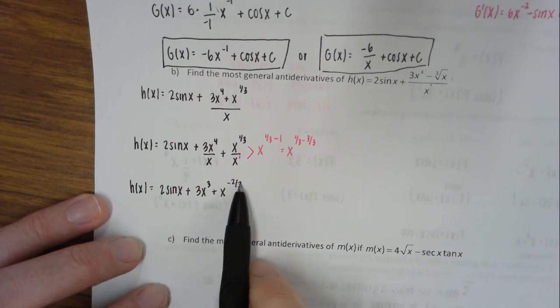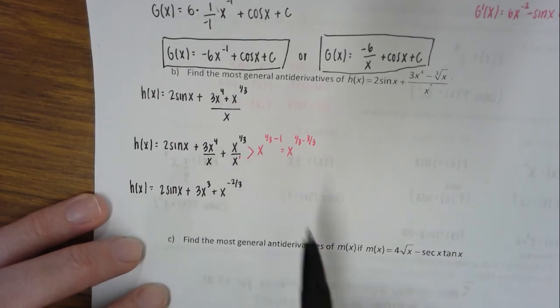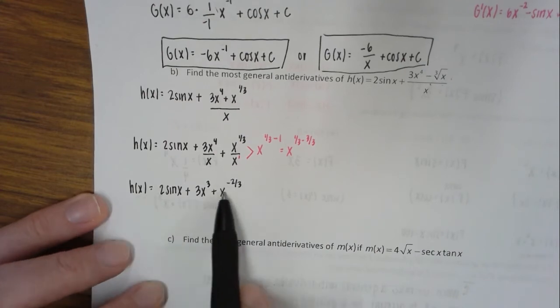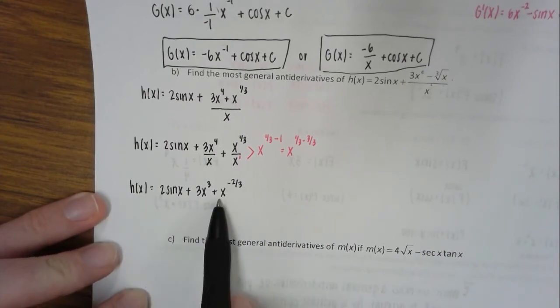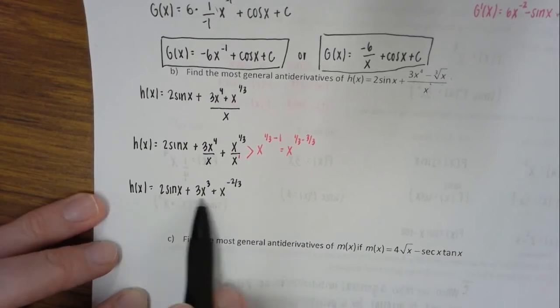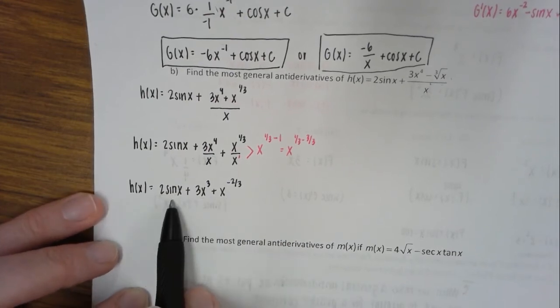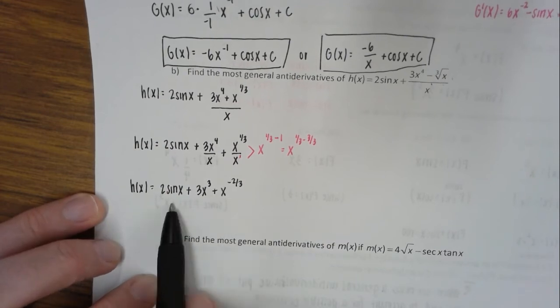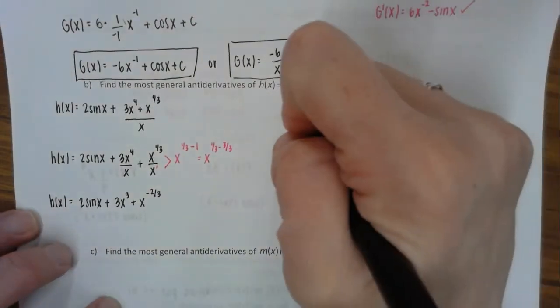So this becomes x to the negative 2/3 because that quotient property says that I can subtract those exponents. So again, I haven't even done any antiderivative work yet. This is literally just a rewrite of little h of x. So now, once I've gotten it into the form that I just have powers and I don't have any roots and I don't have any fractions or quotients, now I want to do my antiderivative work on this.